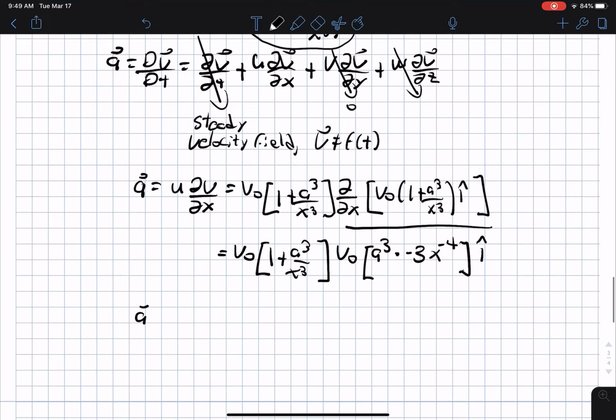Or the acceleration equals minus 3 v naught squared over a times the quantity 1 plus a over x cubed over x over a to the 4th i hat.